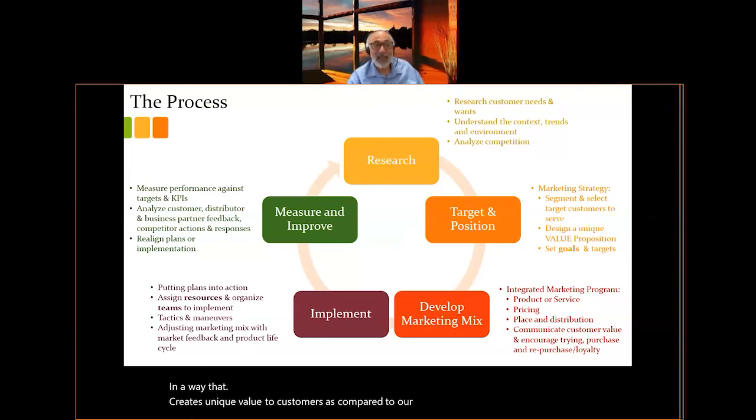And then we start developing our marketing plan, our marketing mix. The marketing mix answers questions such as, what does the product look like? What are the benefits which the product provides? What is the price of the product? Where do we sell it?